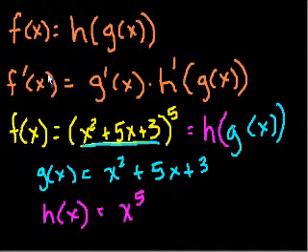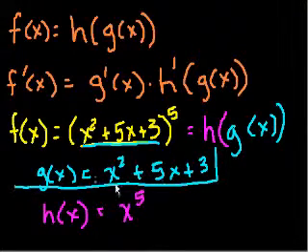So the chain rule just tells us that f prime of x, and I have a feeling I'm going to run out of space. Well, actually, before I do anything, let's figure out the derivatives of g of x and h of x. G prime of x, so let me draw a little line here to divide it out. I know I'm running out of space.